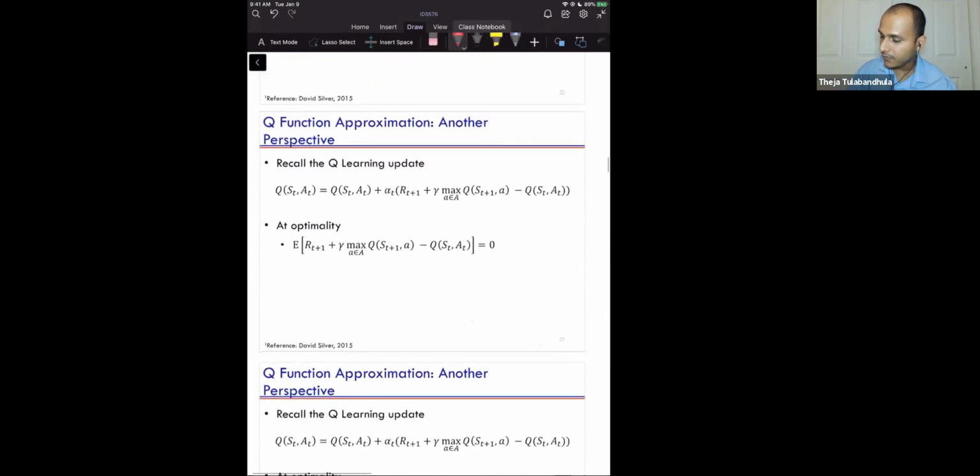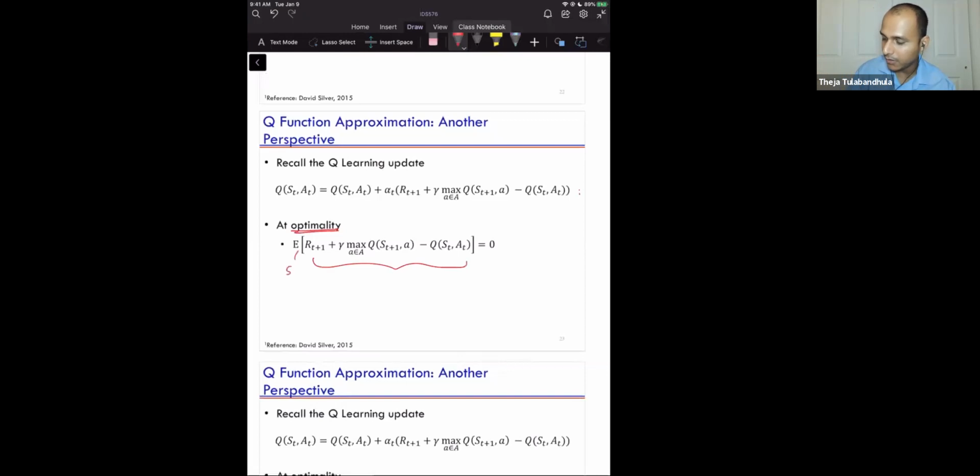Or basically at optimality, when we've learned the best Q. Recall, I'm not talking about approximation here. When we learn the best Q, the TD error in expectation should be 0. What is the expectation over?